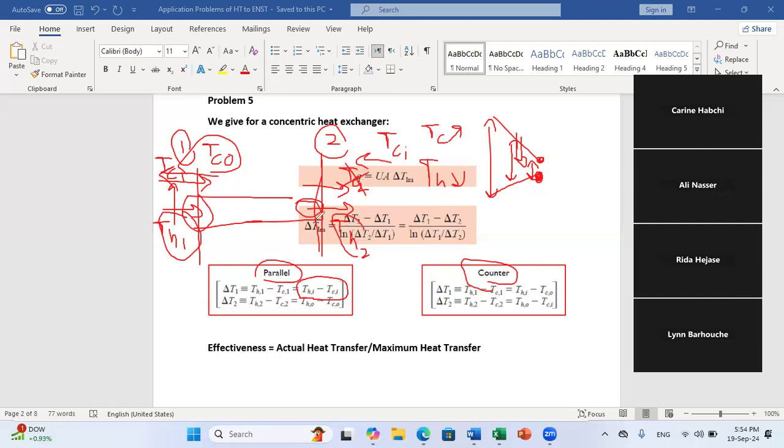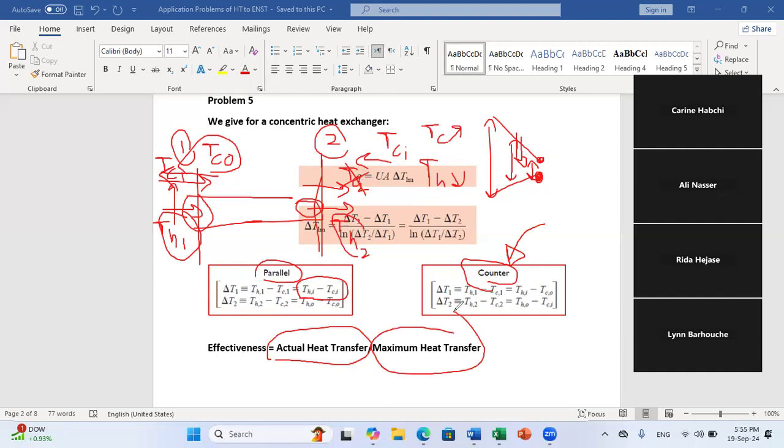And this profile will allow you to maintain a higher temperature difference delta T at the end of your heat exchanger. That's why in general, the counter configuration will be more efficient. And you can study the effectiveness of this heat exchange by doing the ratio of the actual heat transfer that is taking place in the heat exchanger to the maximum possible heat transfer.